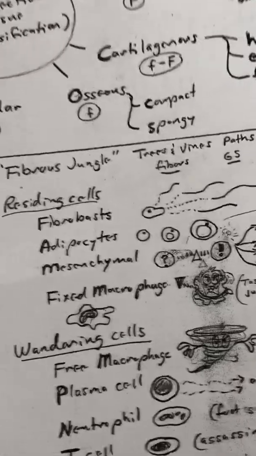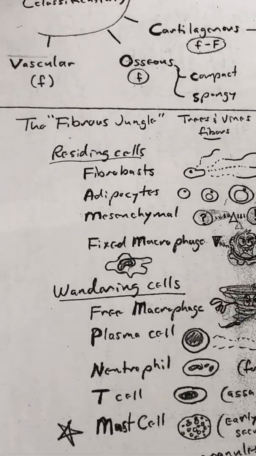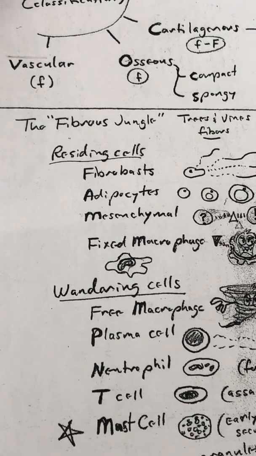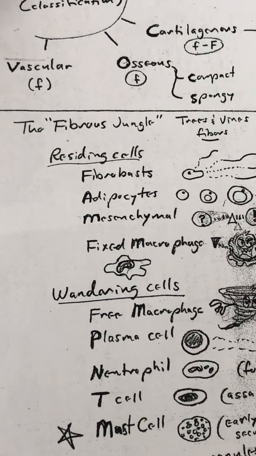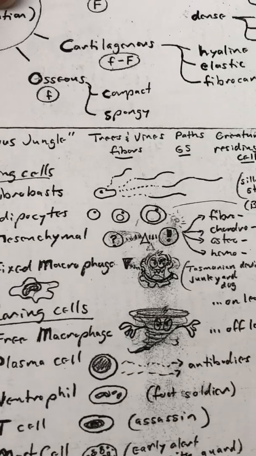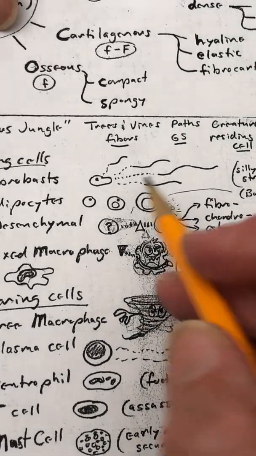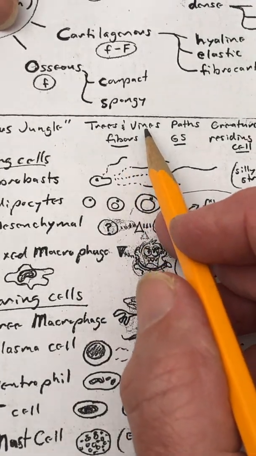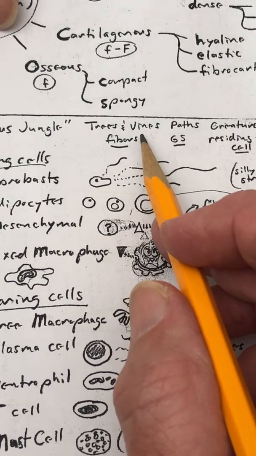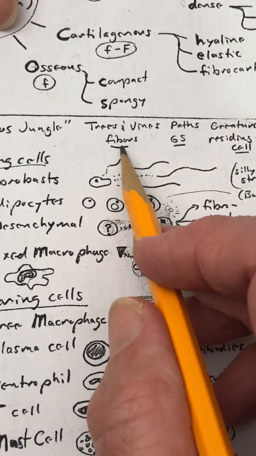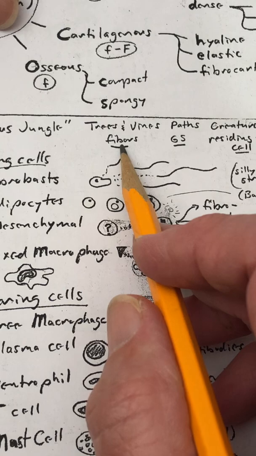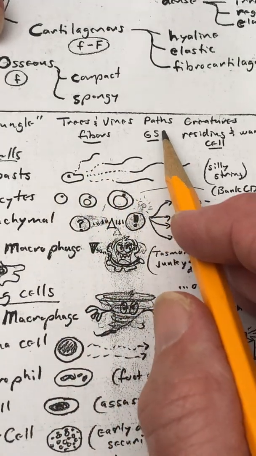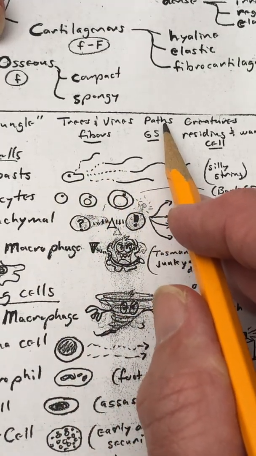Over here, let's finish this off by talking about the fibrous jungle. Just an analogy that areolar tissue is very much like a jungle. A jungle has trees and vines, sort of creating the character of the space. Well, areolar tissue has fibers that stretch all over the place and create the character of the space. Jungles have pathways along which some things can move.